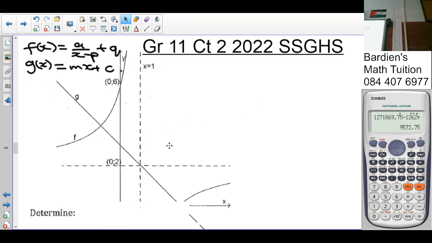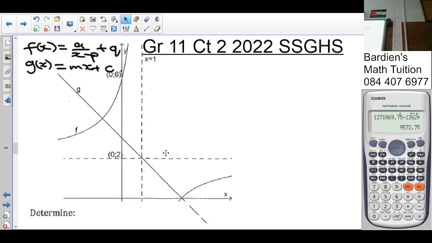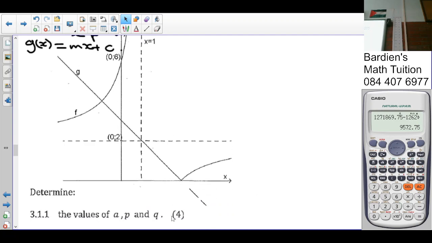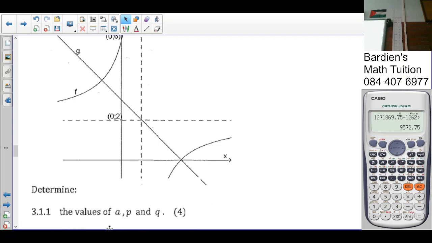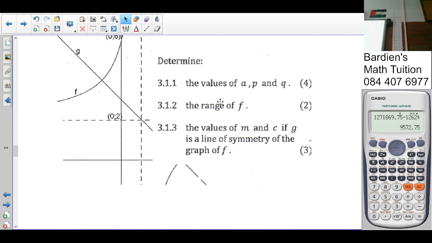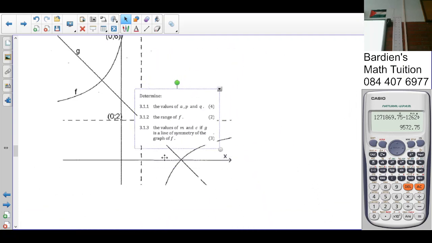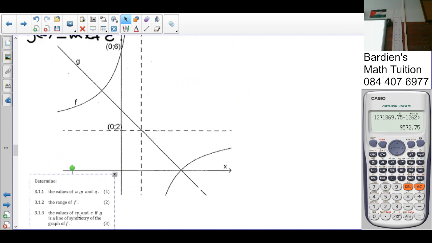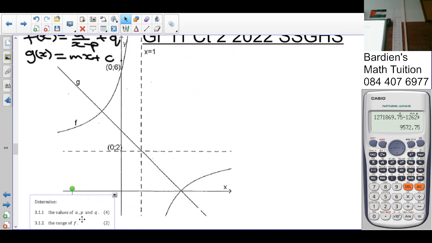The first question says, in 3.1.1, determine the value of a, p and q.